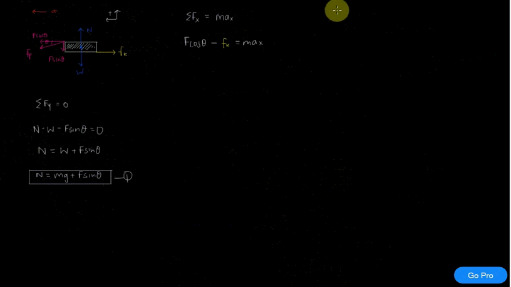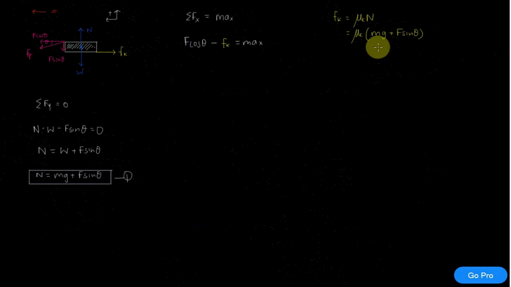frictional force again, as I did in the previous video. So the frictional force is equal to mu sub k times the normal force. In this case, it's mu sub k, and the normal force this time is mg plus f sine theta. So mg plus f sine theta.